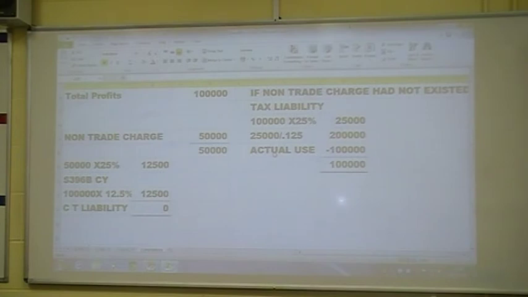So a terminal loss happens in the last year you're trading. You can go back the previous 3 years and claim it against that same trade. You can't put it against your other income, you put it against the same trade. We'll be doing these the next night, because terminal losses and group losses come up quite a bit in the actual exam.